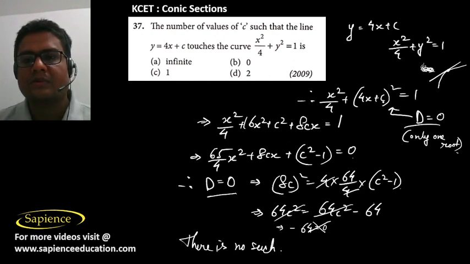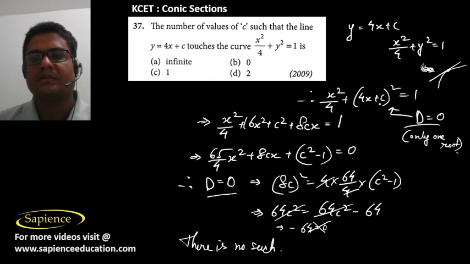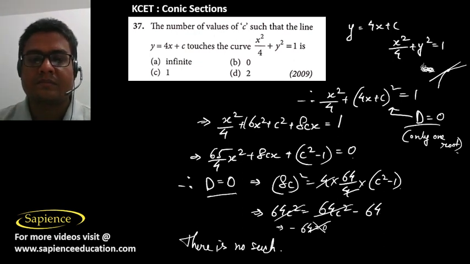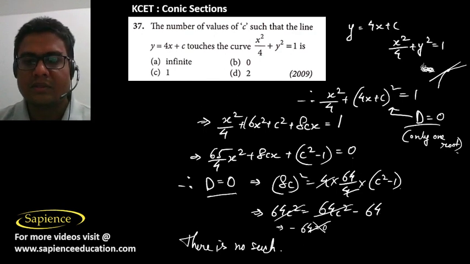So this is x square plus 16x square plus c square plus 8cx equal to 1. 16 plus 1 by 4, sorry, this is 65 by 4, c square minus 1.